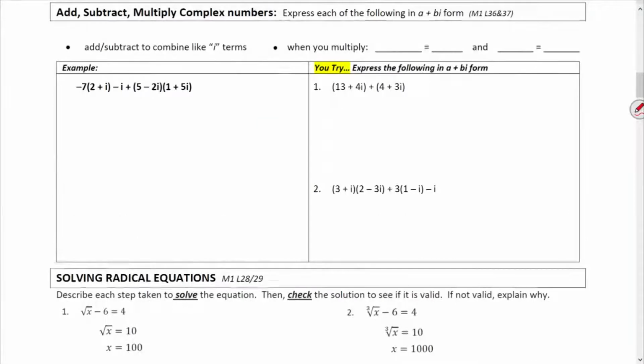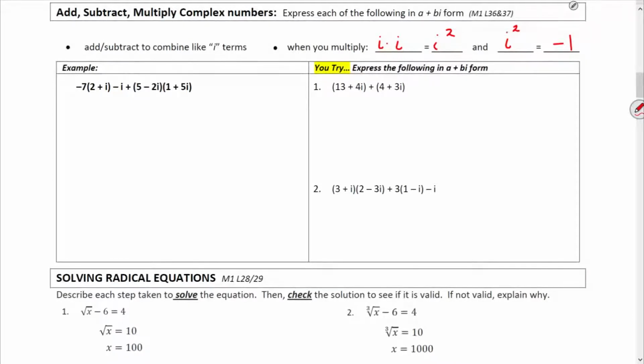One last idea for this video is that we will add and subtract to combine like i terms. Remember that when you multiply i times i, you get i squared, and that i squared is -1. Okay, that's the most important power of i to be aware of because it comes up the most frequently.